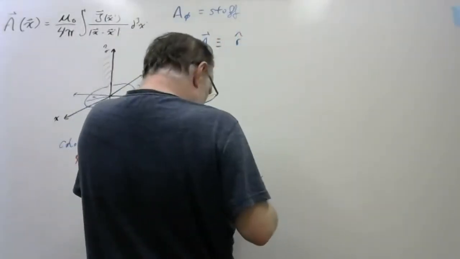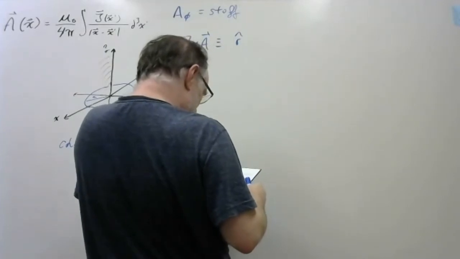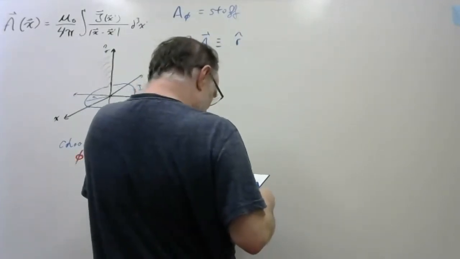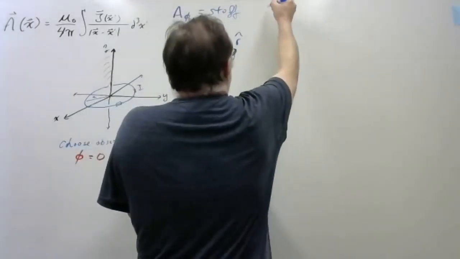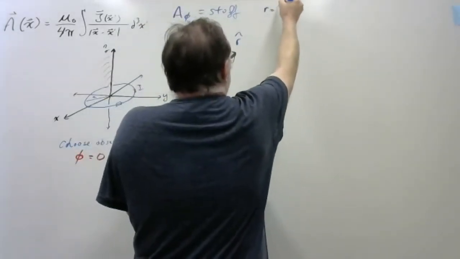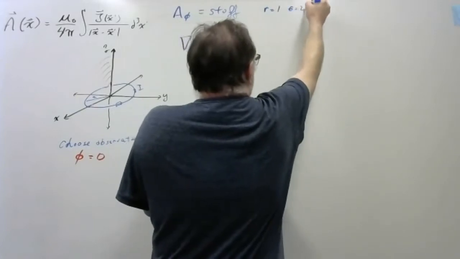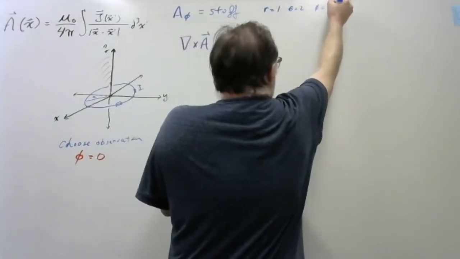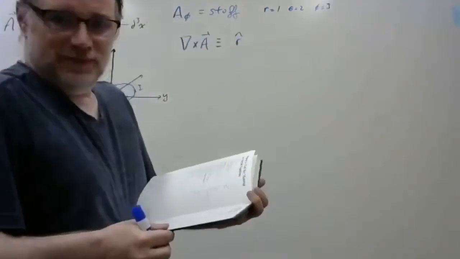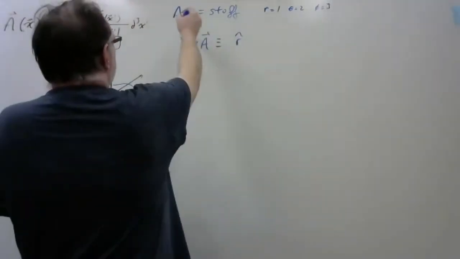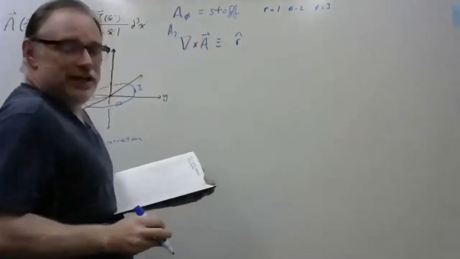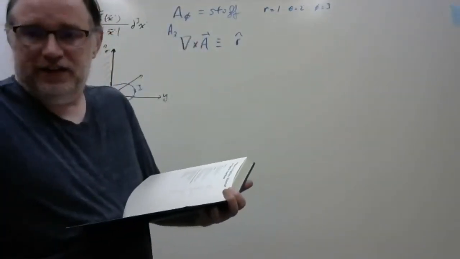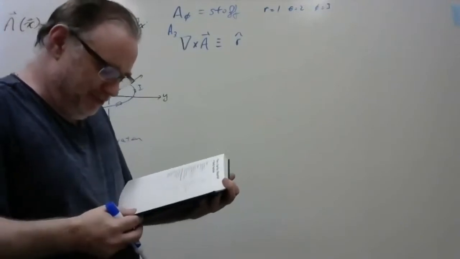We only have a phi component, and the phi component in this case is the third one. R is 1, theta is 2, and phi is the third one. So the only one we have to put into that formula is A3. A3 is the only one. I don't know why Jackson put these 1, 2, 3s in there instead of the usual ones, but that's it.